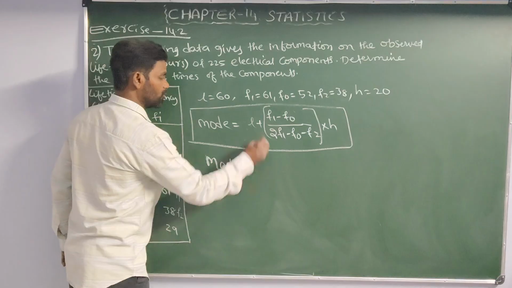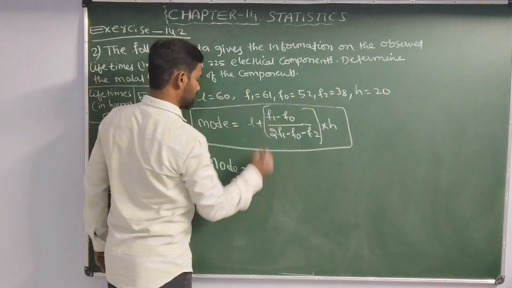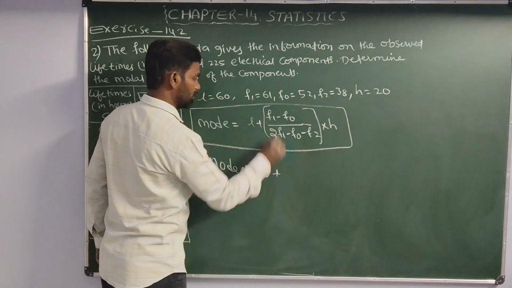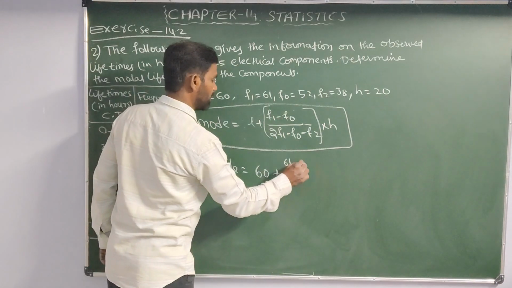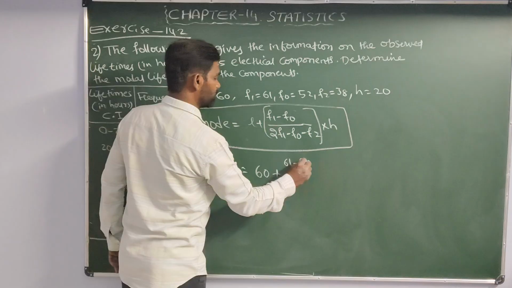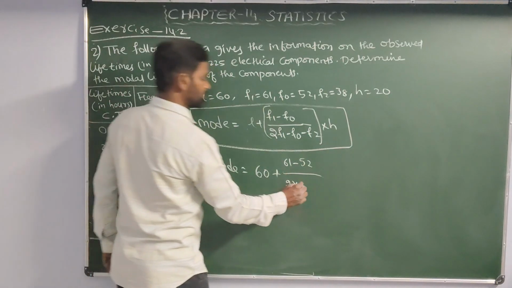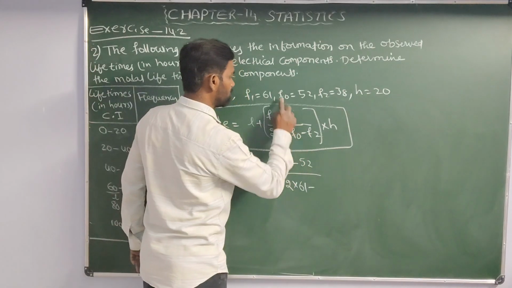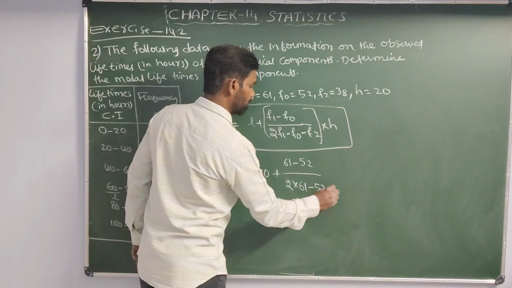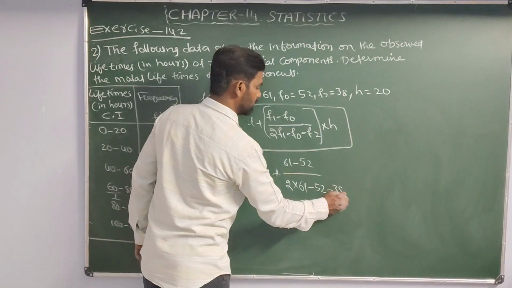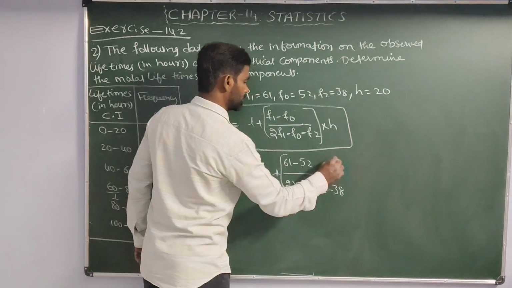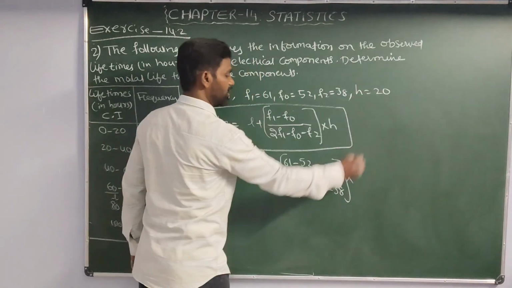Mode is equal to L. What is L? 60 plus F1, 61, minus F0, 52, divided by 2 into F1, it is 61, minus F0, 52, minus F2, it is 38, right, in the bracket, into H value, it is 20.